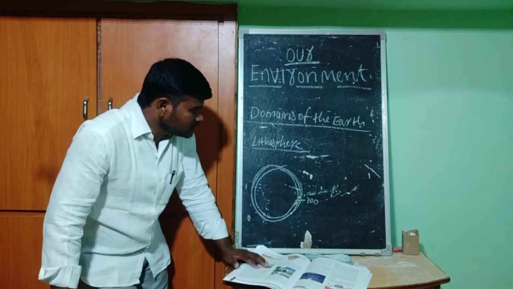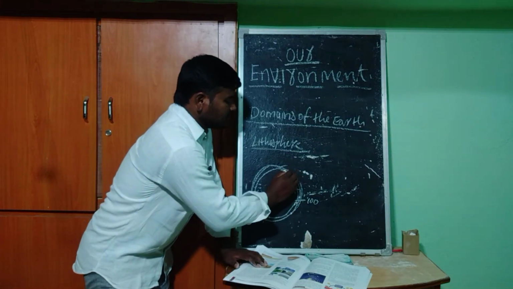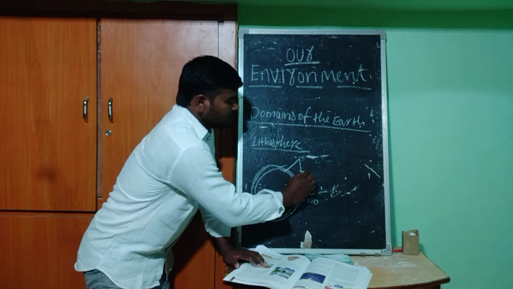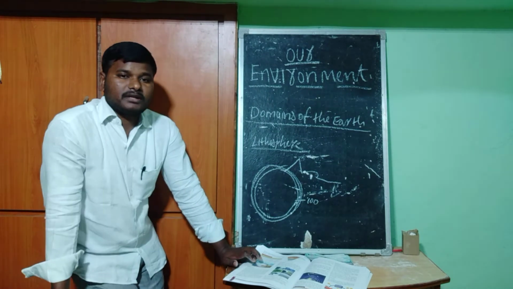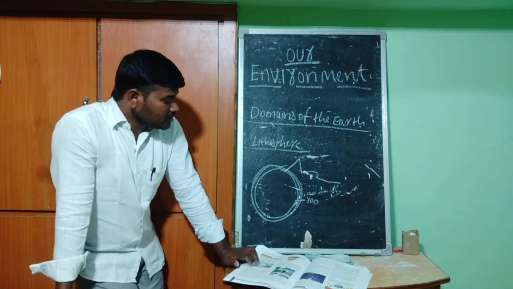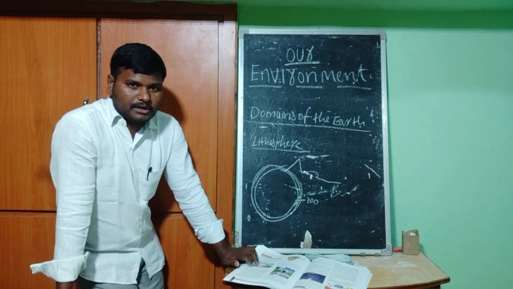It is also uneven: somewhere it is hills, somewhere plateau, somewhere plains.